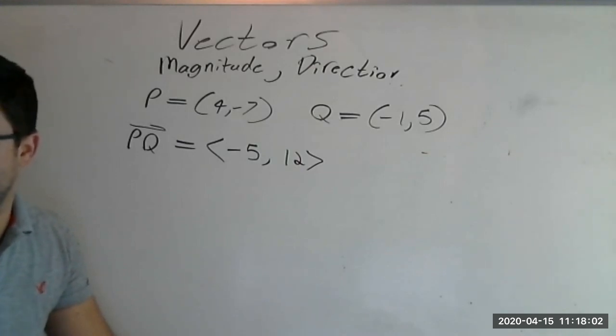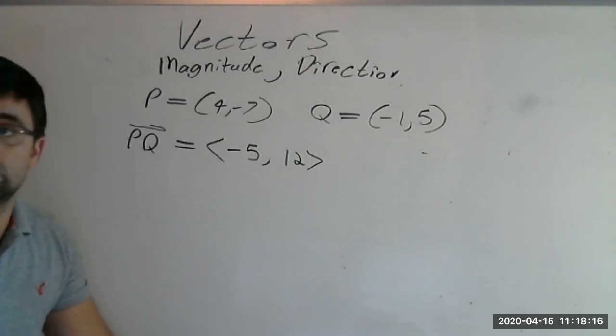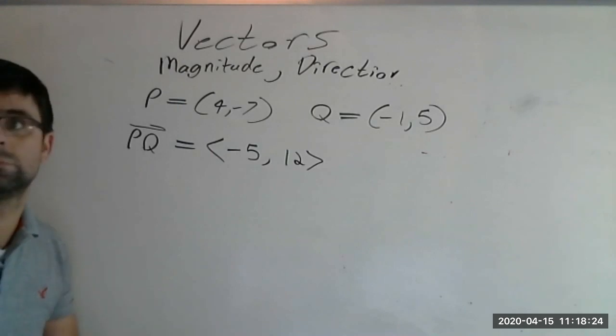Or how would we go about finding it? The magnitude is 13, and I got that by doing the r squared equals rx squared plus ry squared formula.